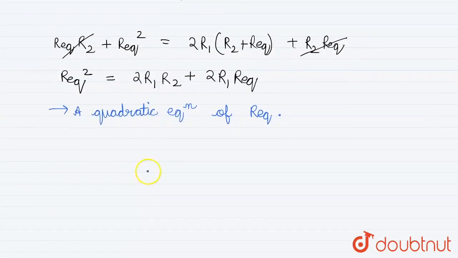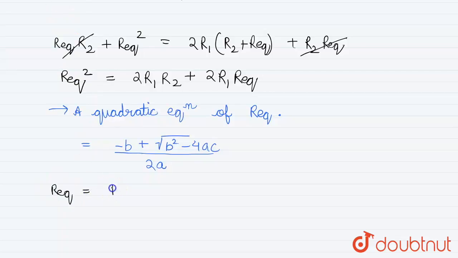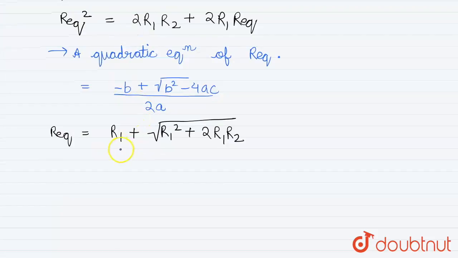So we can write its solution by using minus b plus root over b square minus 4ac upon 2a, and from this we get our R equivalent to be R1 plus root of R1 square plus 2 R1 R2. So this will be R equivalent.